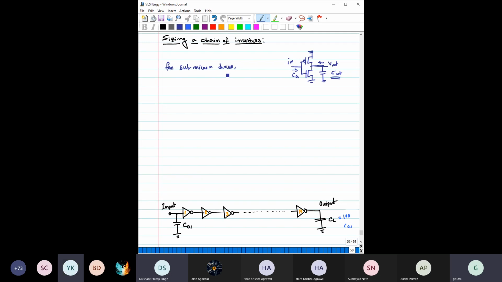For sub-micron devices, it has been observed that Cint is proportional to Cg, Cint = gamma Cg, and this gamma value, a proportionality constant, can be treated as 1. That means for sub-micron devices, the self-loading capacitance is nearly equal to the gate capacitance.